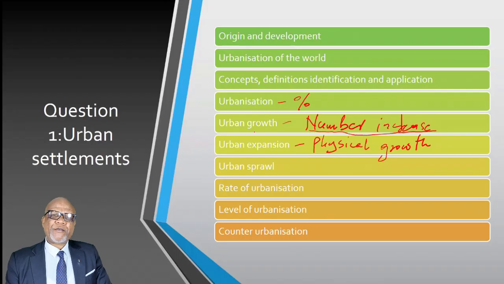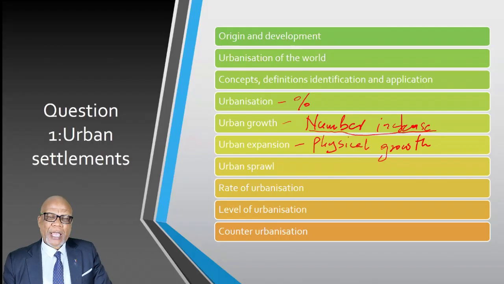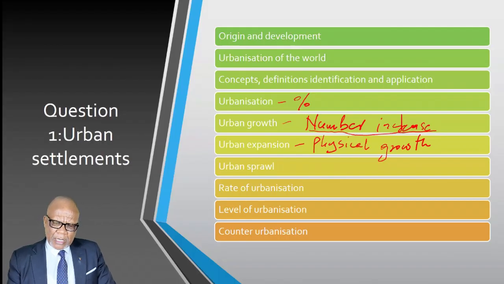We're going to need more schools, more houses, more shops, more industries. So as we build more infrastructure, that is what we call urban expansion. It is a physical growth of the urban area. And then urban growth is the increase in number.